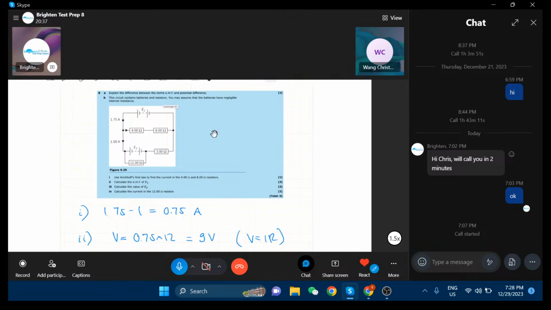I would say then, of course, when we just look at the E2, what happens there? I think we ignore the 12 ohm.